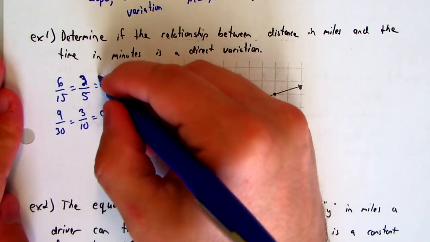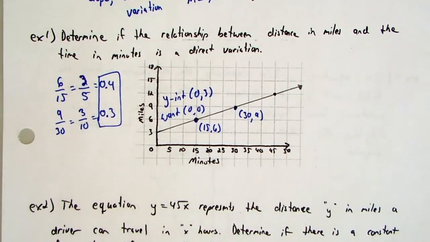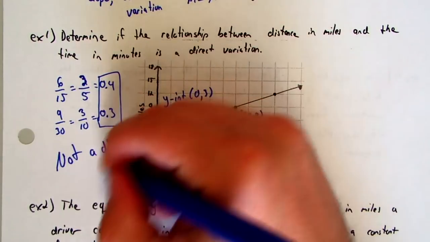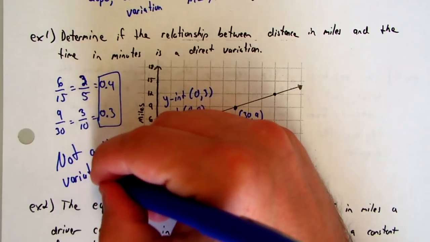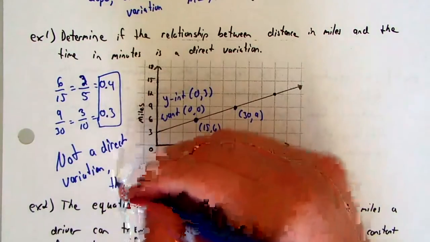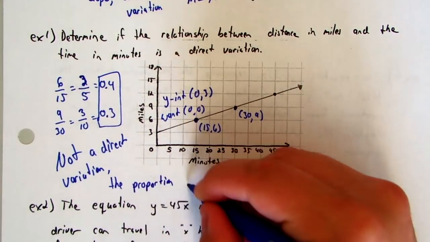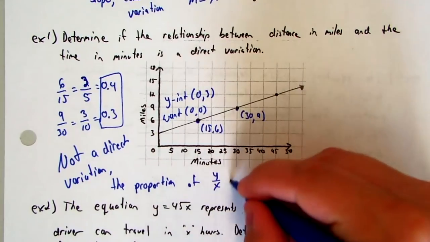If this were a direct variation, these two numbers should be exactly the same. In this case, they are not. So this is not a direct variation. We could say the proportion of y to x is not constant.